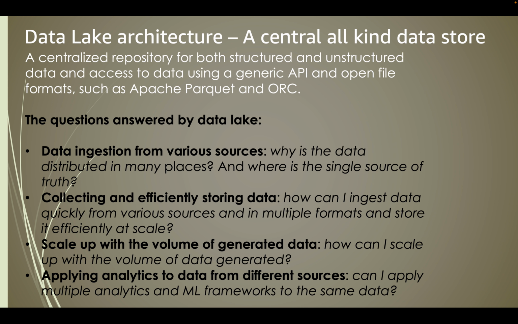You don't have days to transform them. You first want to ingest them. So that's the quick ingestion provided by the data lake, and it ingests in multiple formats, whether it is XLS, JSON, Parquet, ORC, you name it. If you have the object storage, you can just ingest it, and then later you can figure out, hey, what to do with that data.